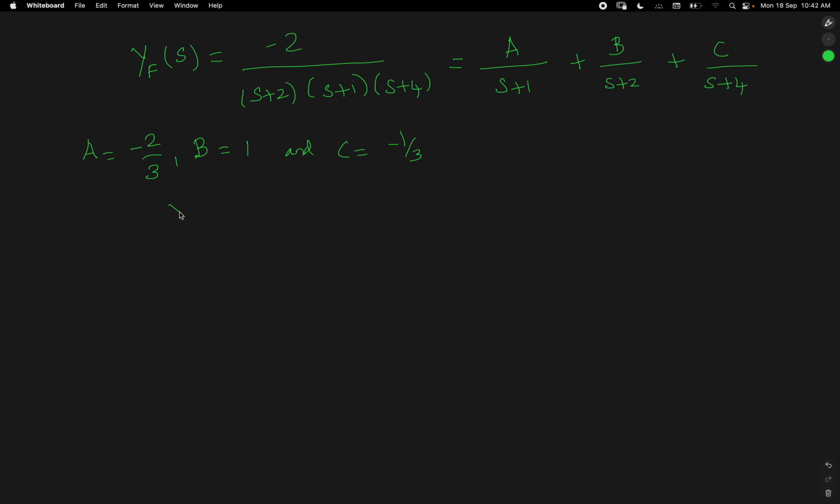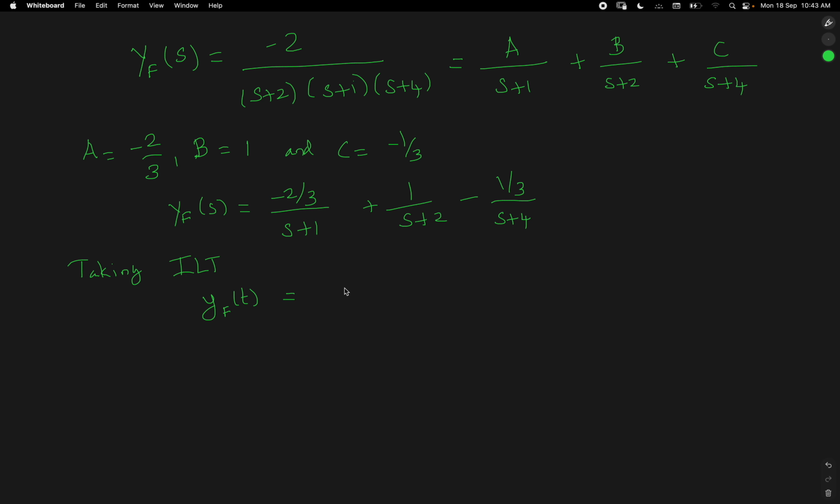Now Yf(s) can be rewritten as (−2/3)/(s + 1) + 1/(s + 2) − (1/3)/(s + 4). So taking the inverse Laplace transform, we will get yf(t), that is nothing but the forced response of the system.